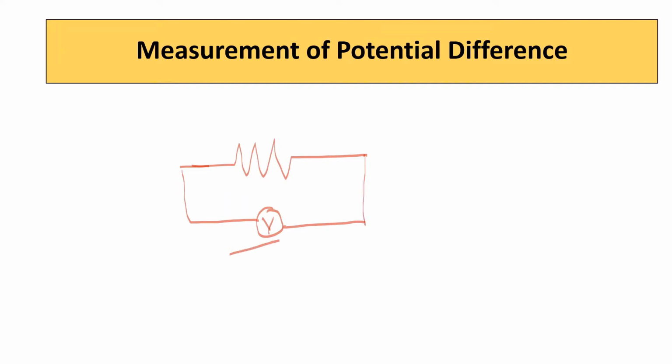This voltmeter will give you the potential difference between the points A and B. This instrument is always connected in parallel.